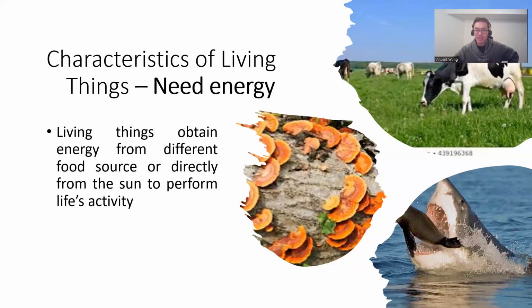Producers would be plants, and they make their own food from sunlight. Something like fungus is actually a consumer as well. They don't eat things per se, but they break down decaying, dying, dead materials to obtain energy, so that is consuming something else.